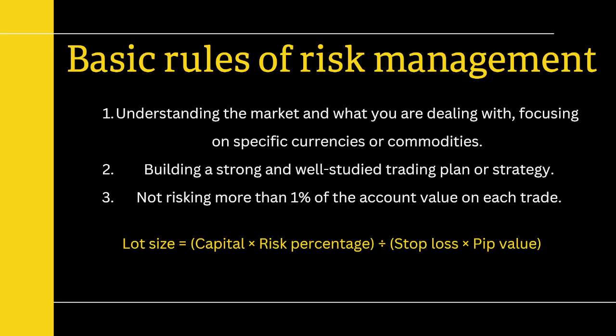Risking only 1% of your whole capital in trading will prevent losses and will prevent blowing your account and getting liquidated. It will also mean that you need to lose over 100 trades in order to lose your account.